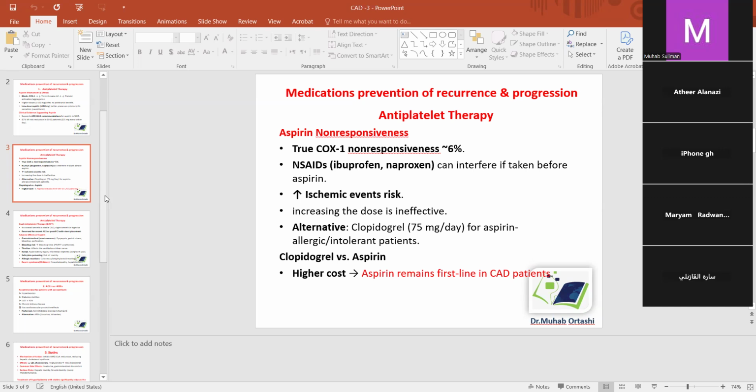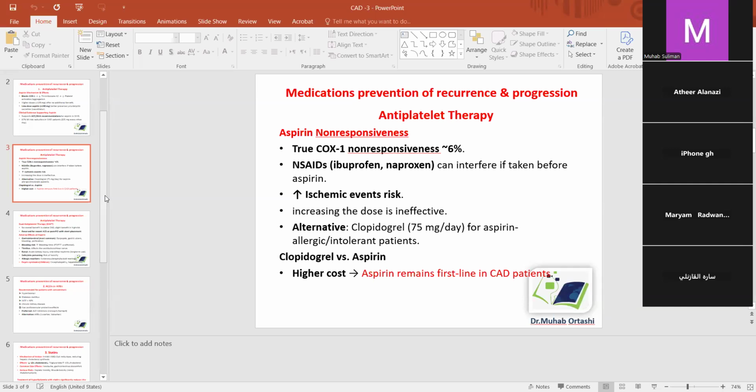البيشنت اللي بيحصل لهم نون ريسبونسيفنس طبعا بيزيد عندهم the risk of ischemic events and progression of the disease. And if the patient develops a true non-responsiveness, increasing the dose also is not effective. وبالتالي if the patient develops this non-responsiveness, we have to use drugs other than aspirin to give the same antiplatelet effect.